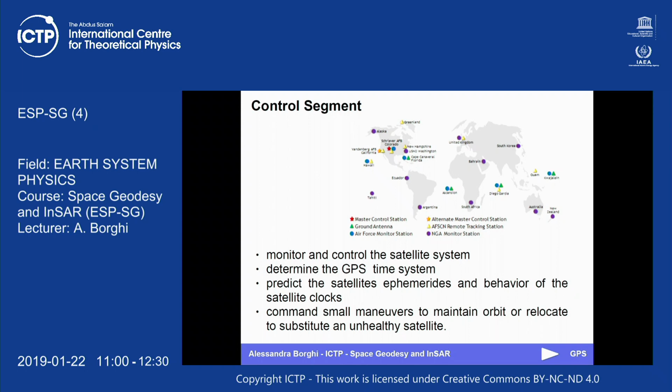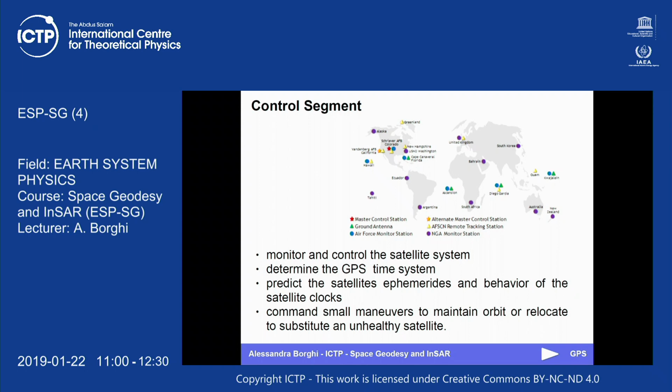They have to determine the GPS time system. They have to compute the satellite ephemeris, the position of the satellite, and they have to check the behavior of the satellite clock. They can command some movement of the satellite to put it in the right position.